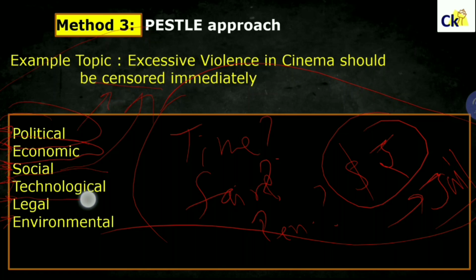Is there a technological aspect to this? Sure, if we're talking about excessive violence in cinema should be censored immediately, it doesn't apparently seem to be a technical challenge. But if I change this and I say that excessive violence on the internet should be banned immediately, just see one keyword changing, and now the technological aspect becomes paramount. How do you ban porn on the internet? How do you ban violence on the internet? Is it even technologically feasible?